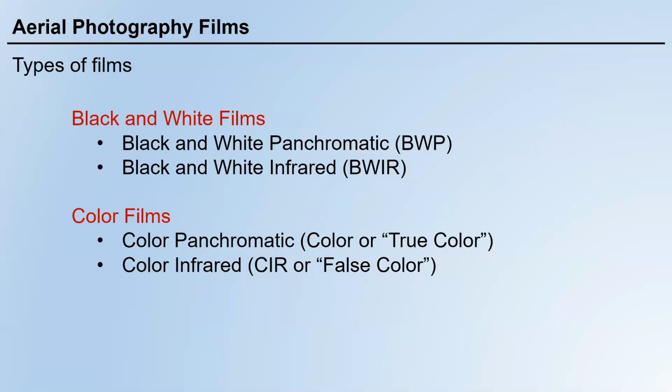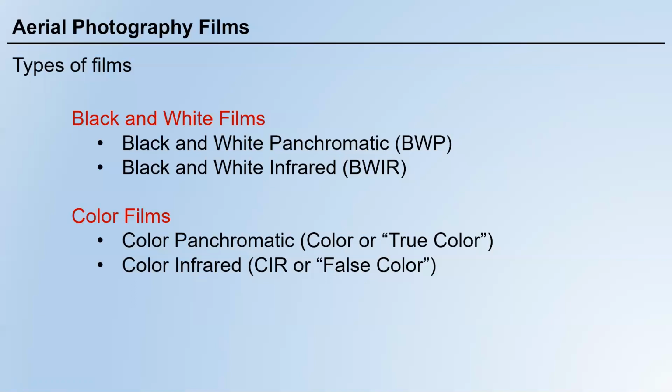We call it true color because all colors in that image are colors you can see with your eyes, right? In the real world, a lawn is green, and in a panchromatic color image, the lawn is also green. So green is green. That's called true color. Green is green, red is red, blue is blue.